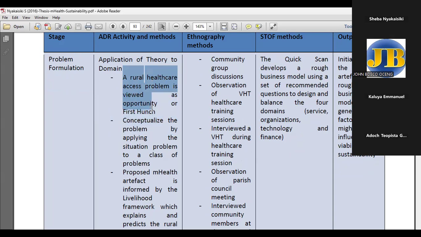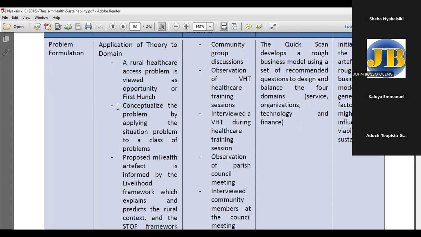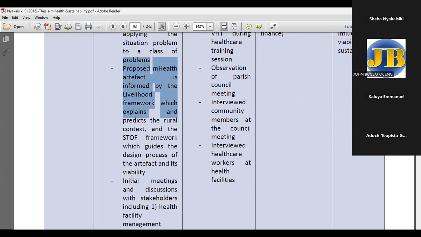If anyone looks at design science, there's what we call the first hunch, where the first ideas are created. Then I say I'm going to conceptualize the problem by applying the situation problem to a class of problems. Then I said I'm going to propose an mHealth artifact informed by the livelihood framework. There I'm applying my theoretical framework.